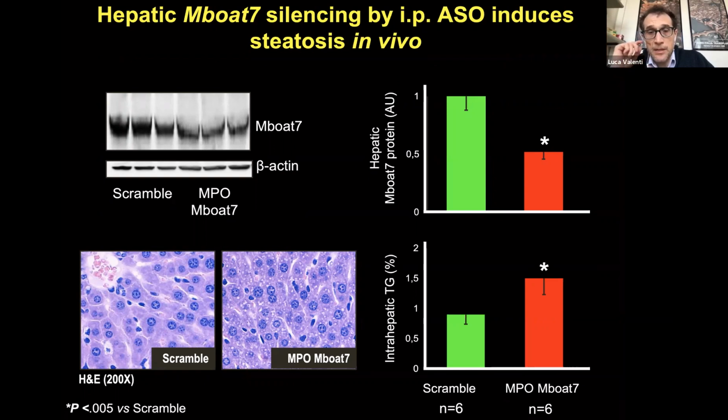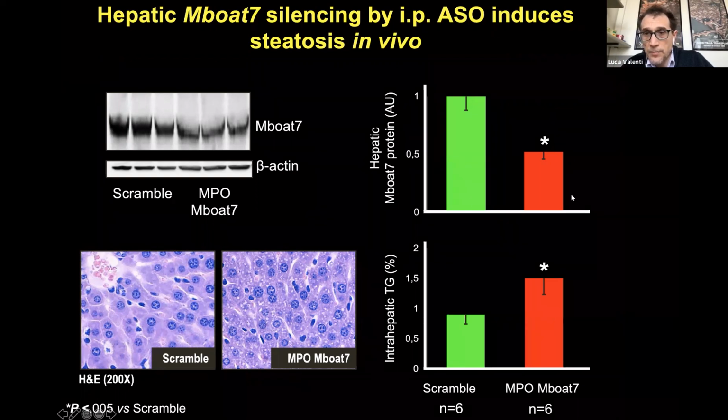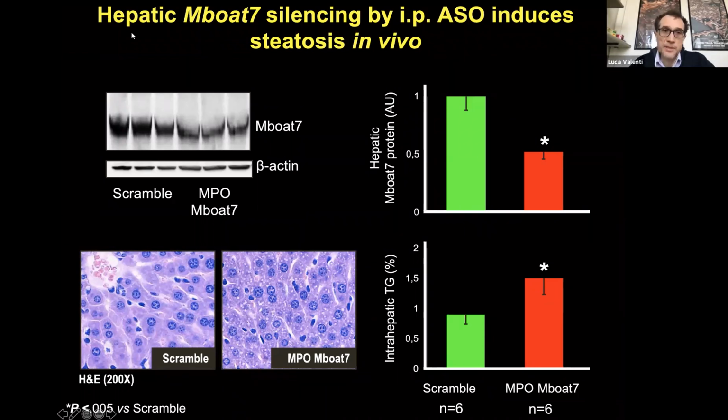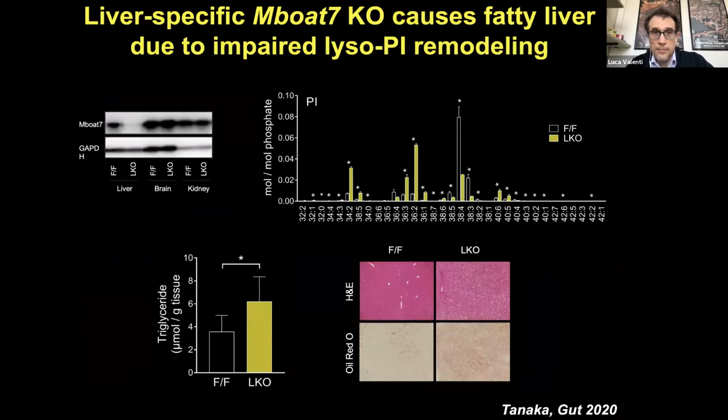And to further prove this hypothesis, we induced an acute downregulation of Ambos7 expression in the hepatocytes of mice by injecting them with antisense oligos, leading to about 50% decrease in hepatic protein expression, as shown here. And this goes with about 50% increase in hepatic fat accumulation, leading to the development of microvesicular steatosis in this model.